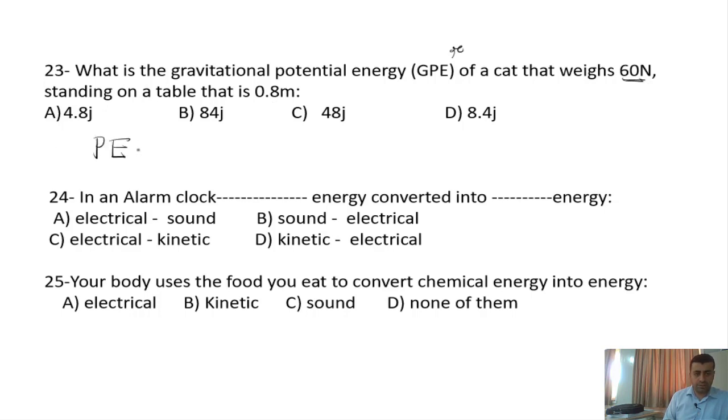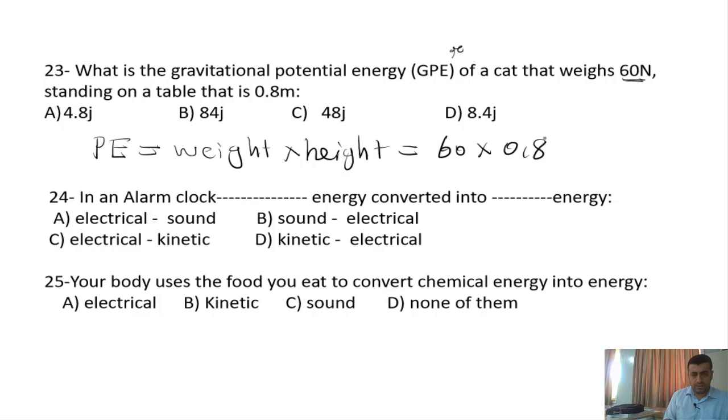Potential energy equals weight times height or distance. So according to that, weight is 60 Newton, times 0.8, which is the height, it will be 48 joule.